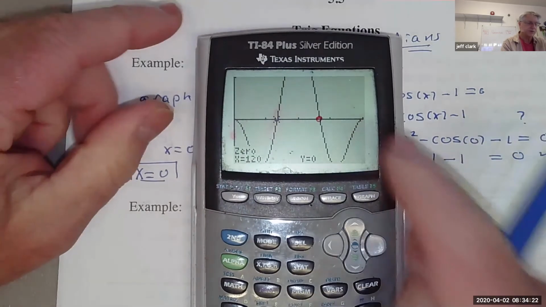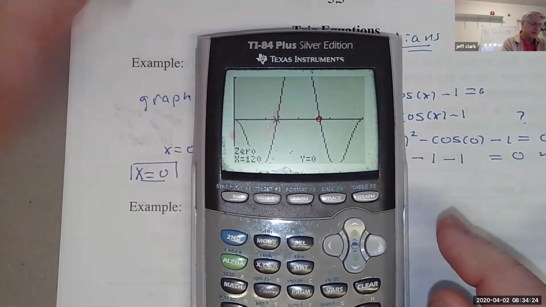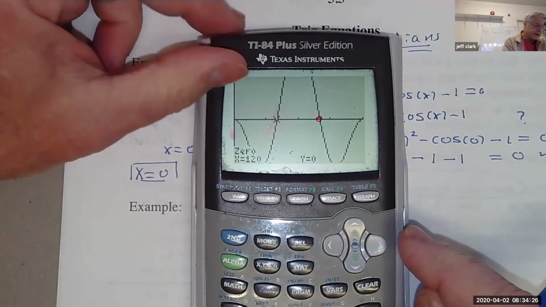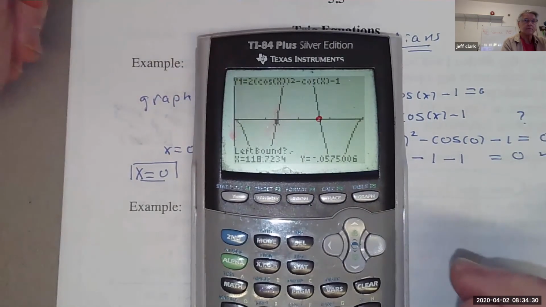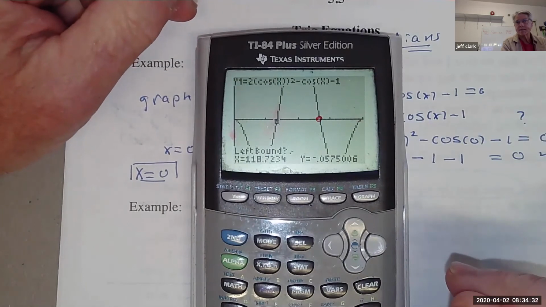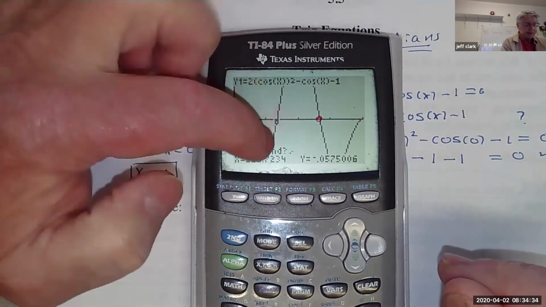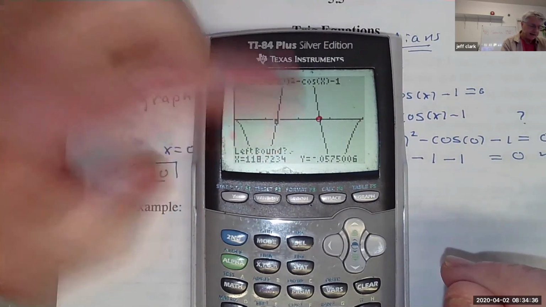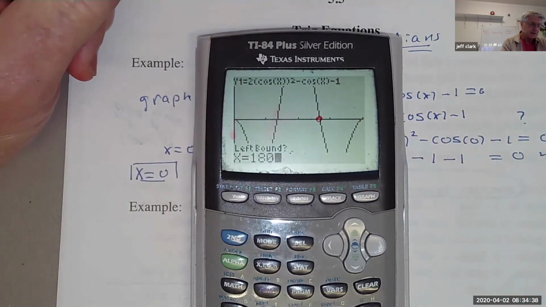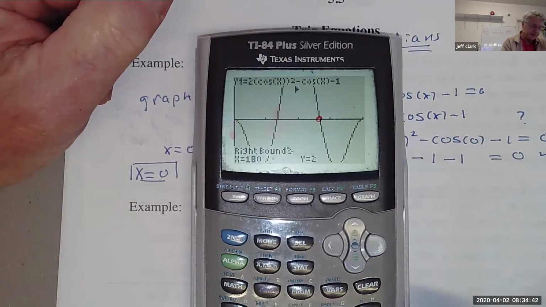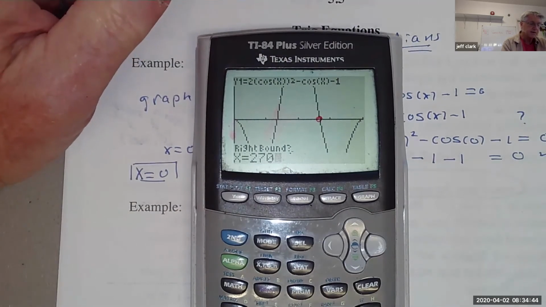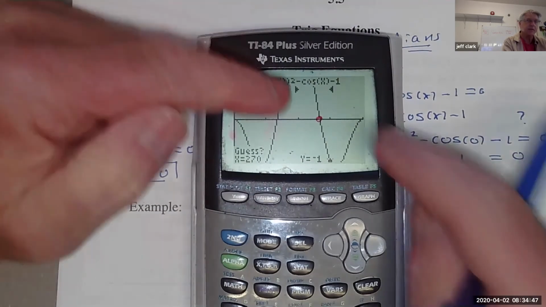So you have to do the 0 feature again, all over again. So left bound, why don't you pick that marker right there, which is 180. And how about that marker to the right, which is another 90 degrees, 270. See the flags? It's going to look in between.